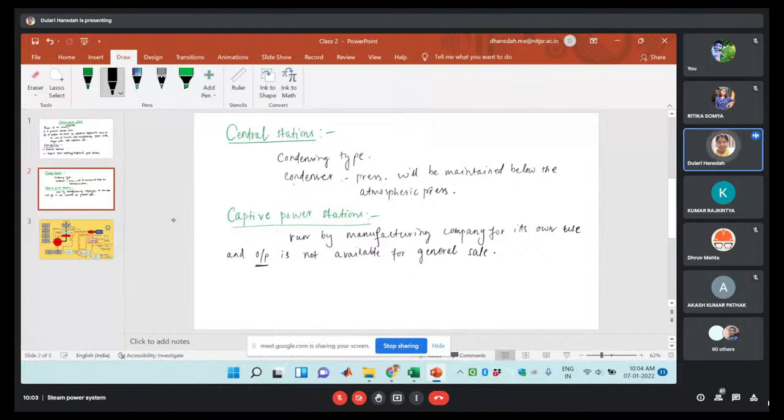So output is not available for the general sale. So generally these types of plants are non-condensing type.